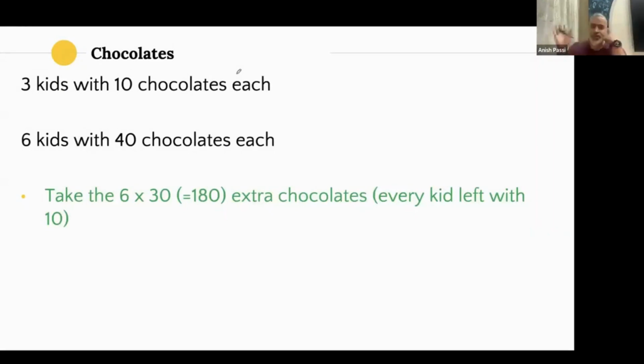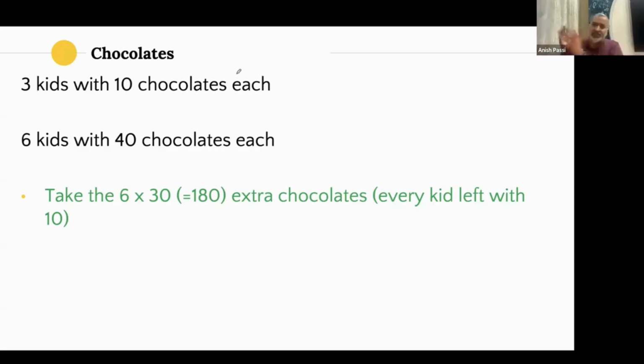These 6 kids have 30 extra each. So overall, there are 30 into 6, 180 extra chocolates. Extra how? The smaller number 10, I let everyone maintain 10. Whatever is extra beyond 10, I take those. So the 6 kids have 30 extra chocolates each.